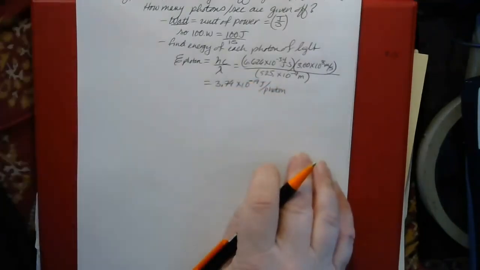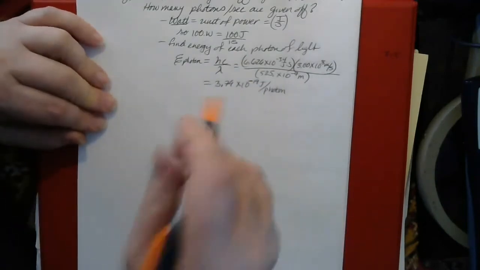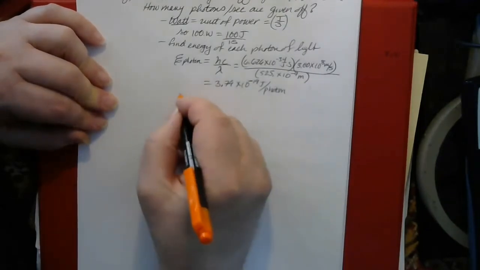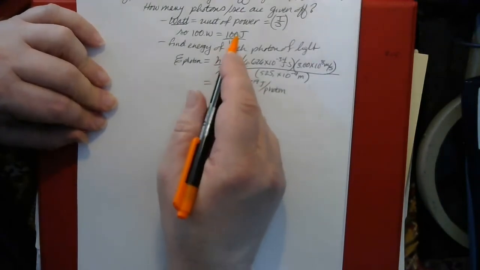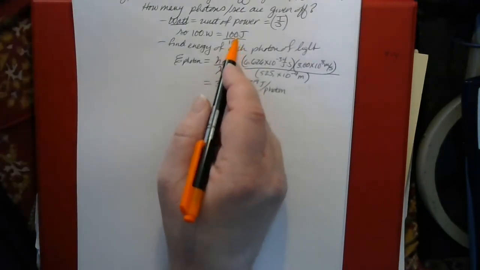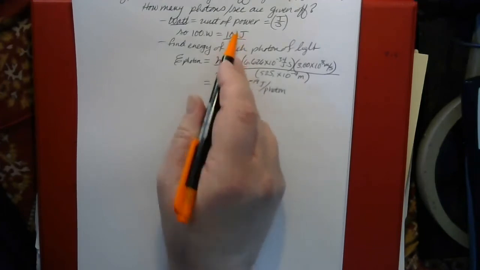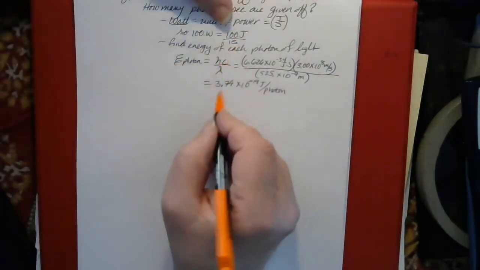Okay, so that is the energy per photon. If we then take the fact that there are 100 joules being given off each second... okay, what was the question again? How many photons per second? Okay.